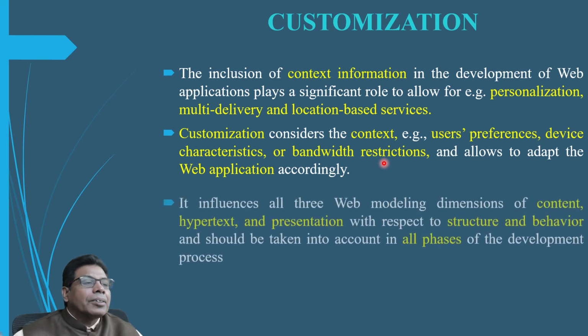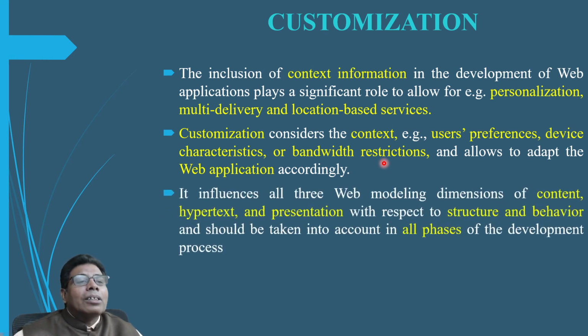Next, it influences all three web modeling dimensions of content, hypertext and presentation with respect to structure and behavior, and should be taken into account in all phases of the development process. Whatever levels we have, content, hypertext, presentation, then the aspects, structure and behavior, and the phases, all things have to be taken into account.